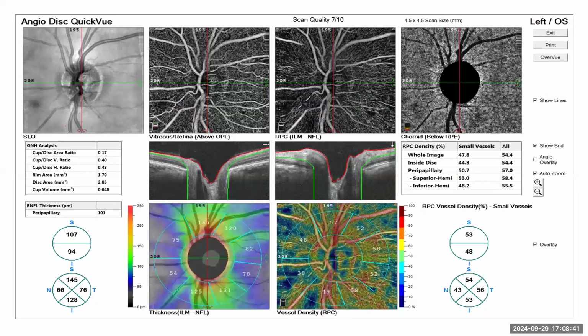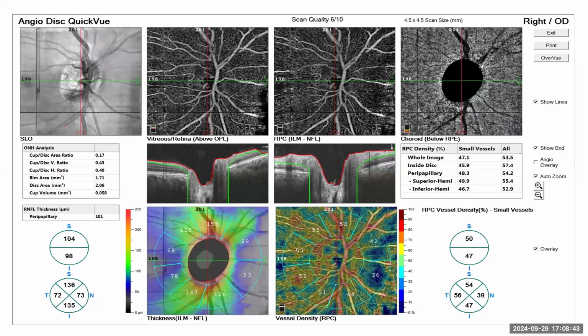So the judgment call here would be to look and see the vessel density of the superior quadrant is 50, the inferior is 47. Going around, the inferior quadrant is 47 in this eye, the superior is 54, temporal is 56, nasal is 39.